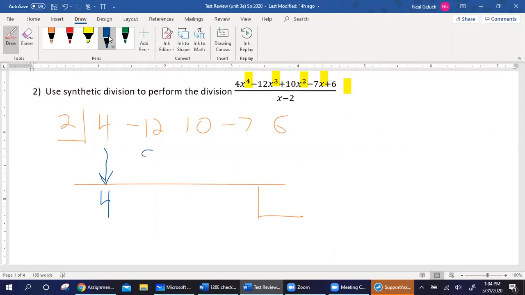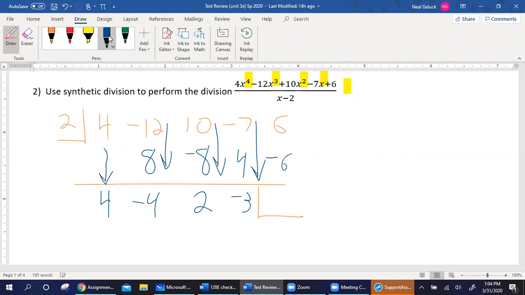That'll give me 8. Add these two together, -4. Repeat the process. Add these two together, multiply, add these two together, multiply, and lo and behold, I get a remainder of 0 on this one.